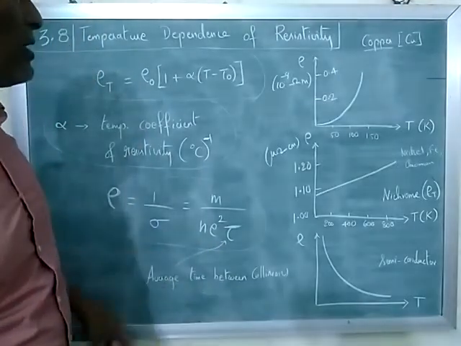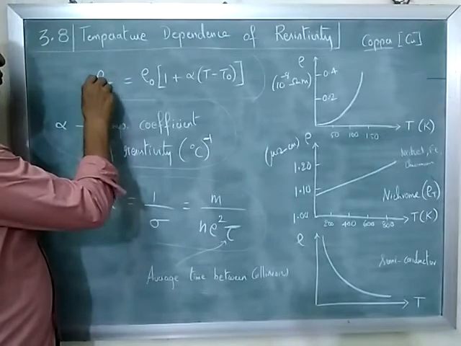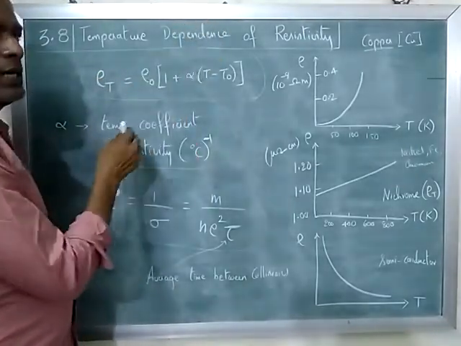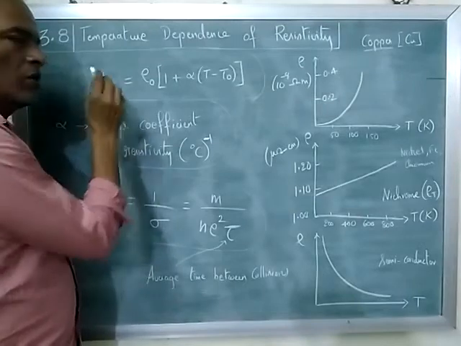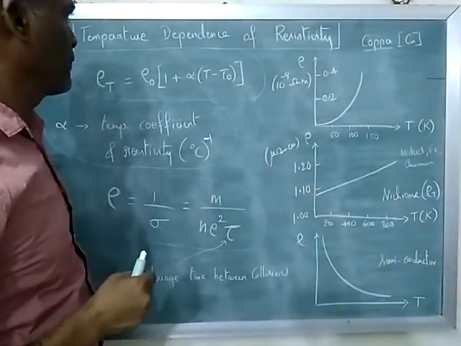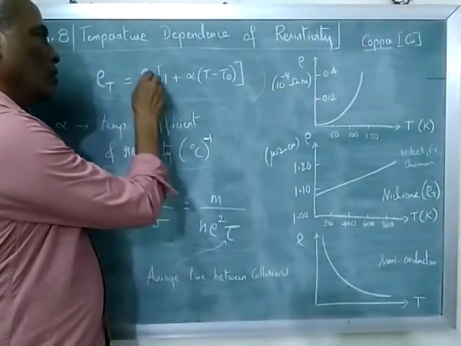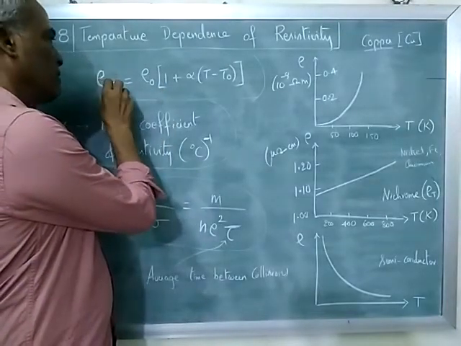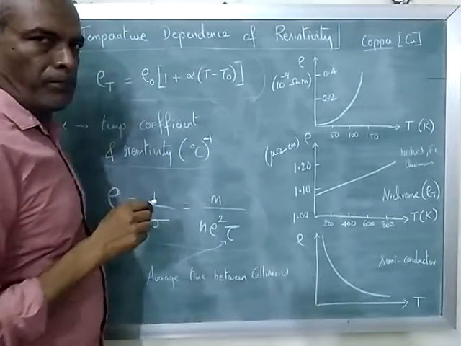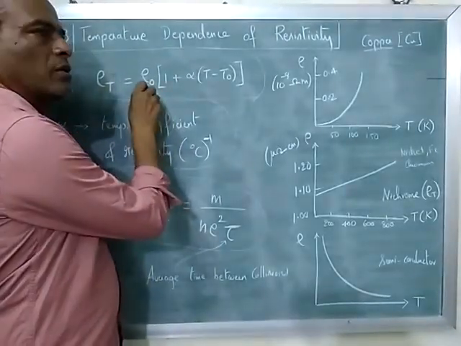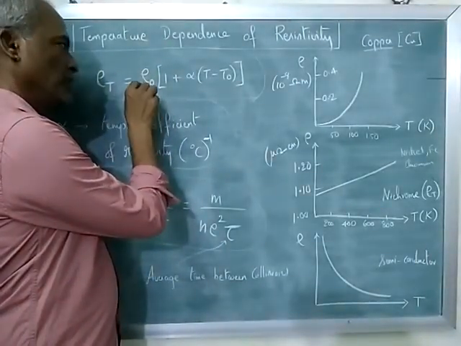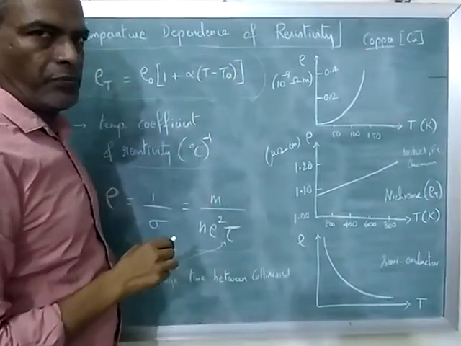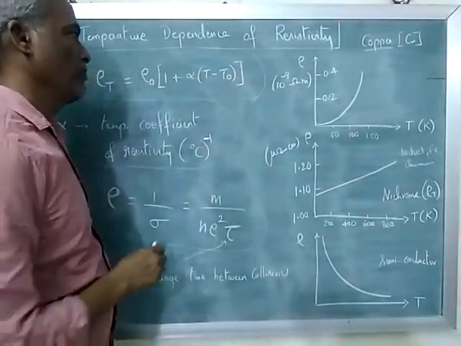So now we have the relation rho T. Rho T is nothing but the resistivity at a particular temperature, or we can call it the final temperature. And rho naught is the resistivity at the initial temperature T naught, or reference temperature.